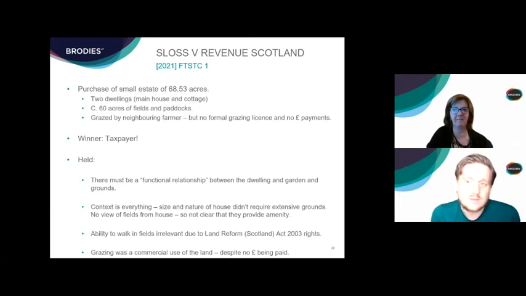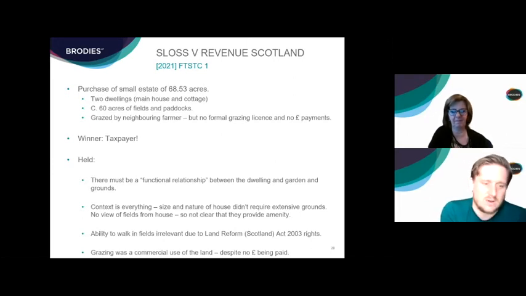And they successfully used the kind of context argument that came up in Goodfellow, to argue that some of this land just isn't essential to the house. The size and nature of this house, you wouldn't expect it to come with extensive grounds. They don't have that functional relationship to a house of this nature.